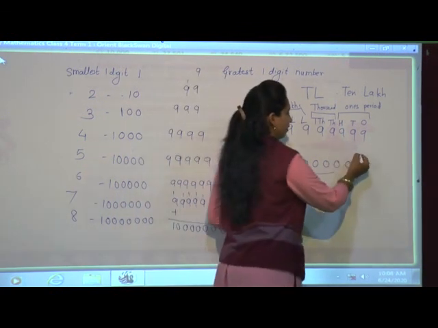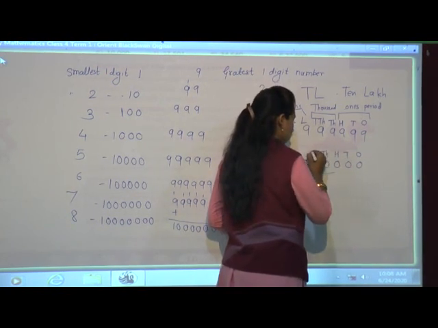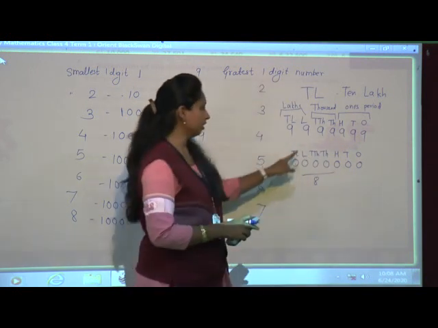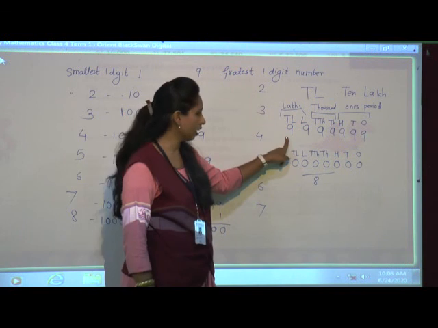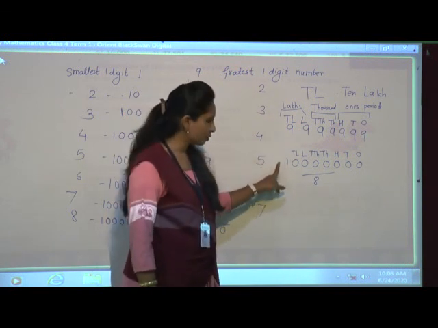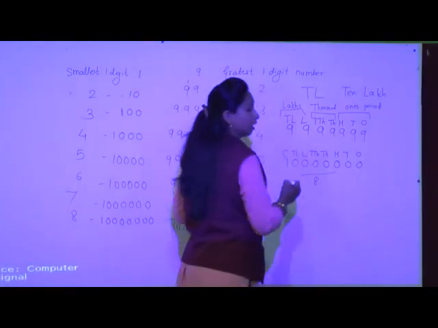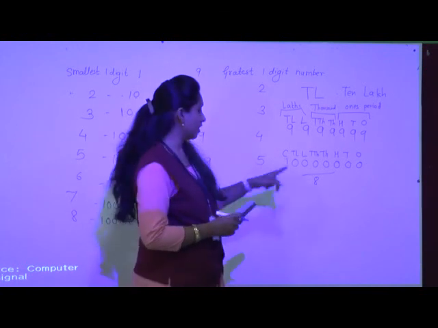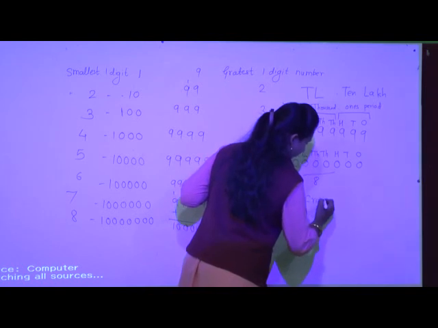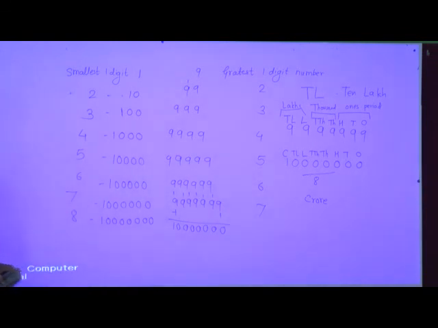Now once again I'll give the place values: ones, tens, hundreds, thousands, ten thousands, lakh, ten lakh. Till here we have studied. Now one more place is there. How to represent this number? After 10 lakhs comes crore, and we represent it with C. Are you getting it, students?